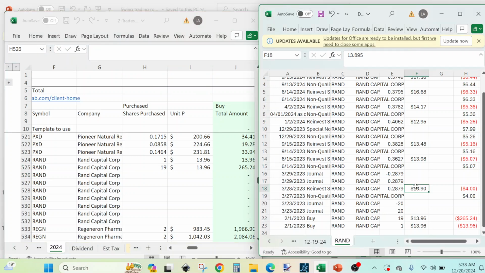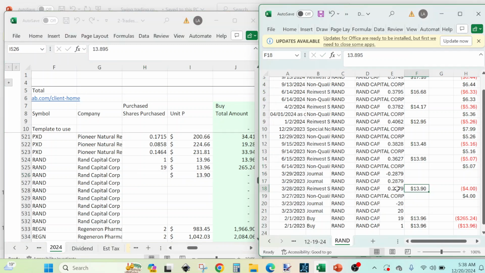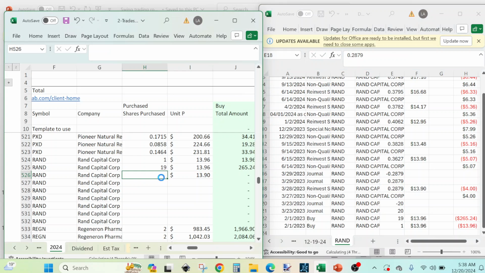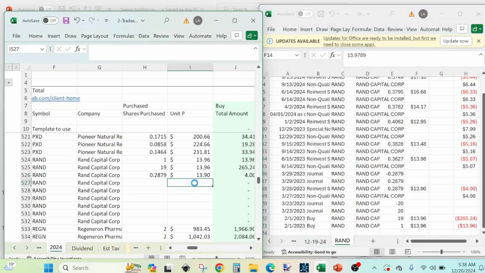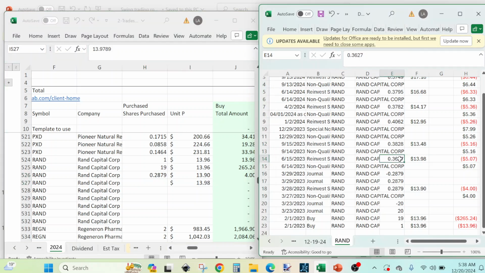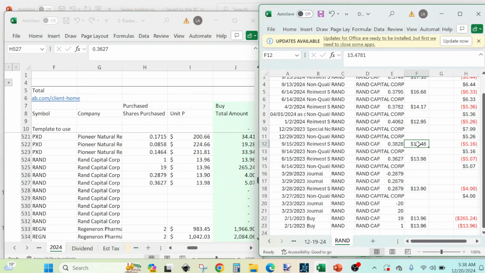The third one about the same. It was a dividend that got reinvested. $4 was paid in dividend, and it bought a fraction of a share. And the next one was a dividend reinvested, purchasing a fraction of a share as well.